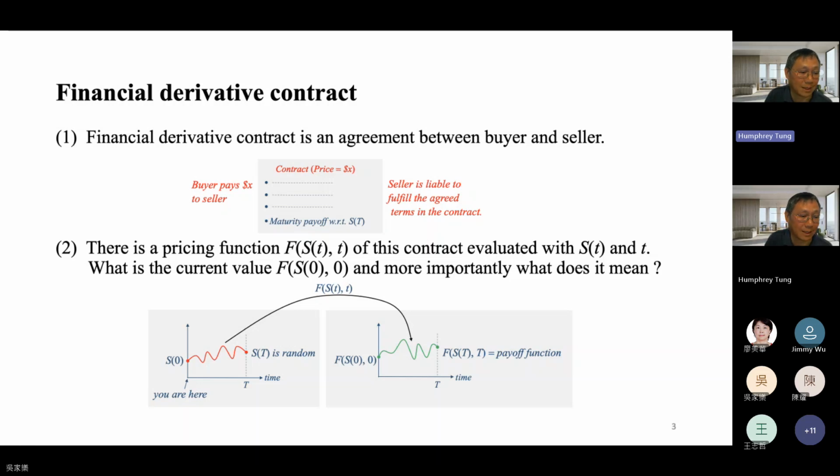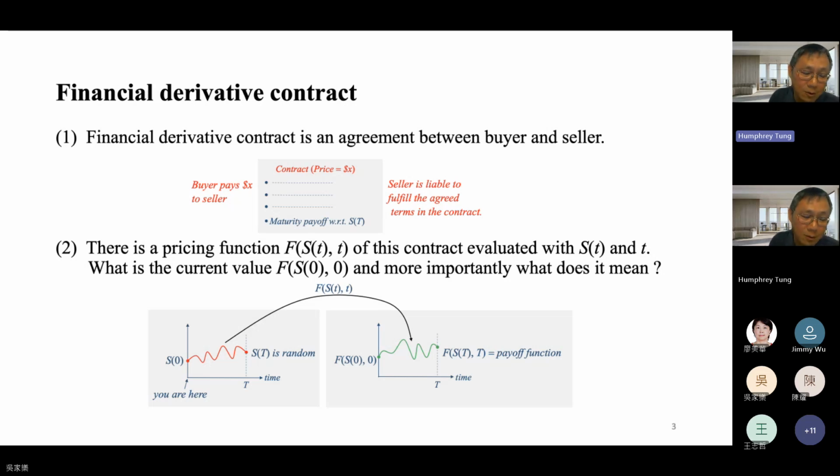Suppose for some scenario it looks like this for the following, let's say, 1 year, and ends up with a price like that. We call that the maturity or expiration price of the underlying. In particular, the seller wants to figure out the price of this contract.